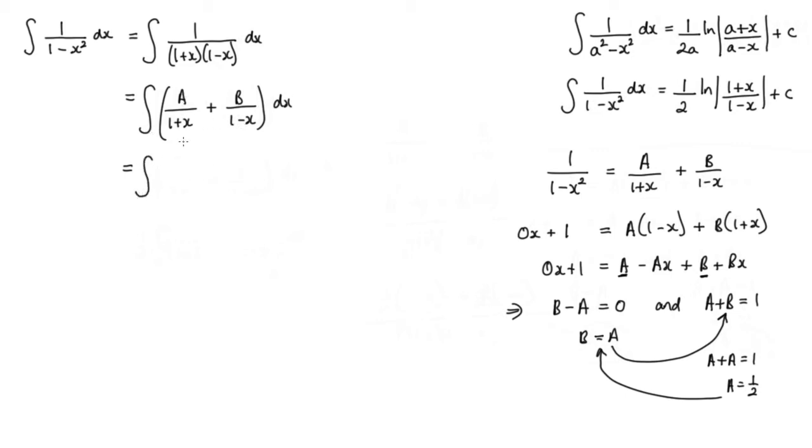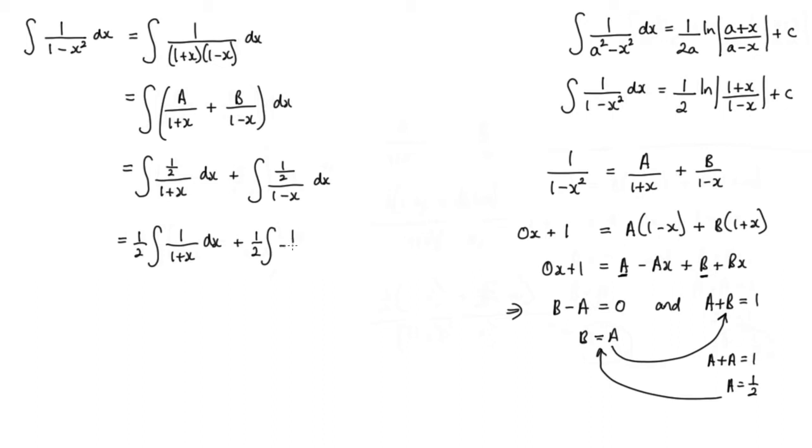So we've got the integral of a, which is a half, over 1 plus x dx, plus the integral of b, which is also a half, over 1 minus x dx. Okay, so I can factor out this half in front of the integral. So I've got half the integral of 1 over 1 plus x, and factor out this half as well, so we've got a half the integral of 1 over 1 minus x dx.